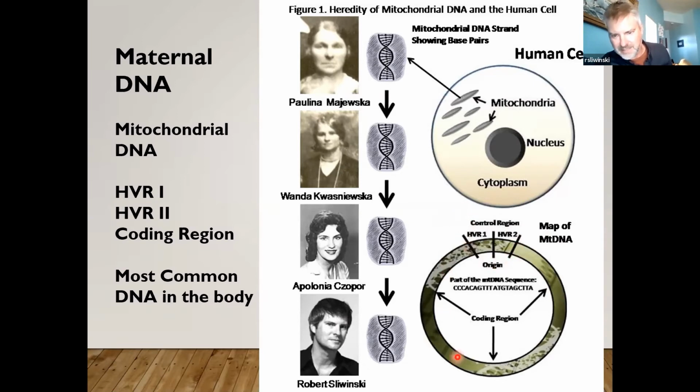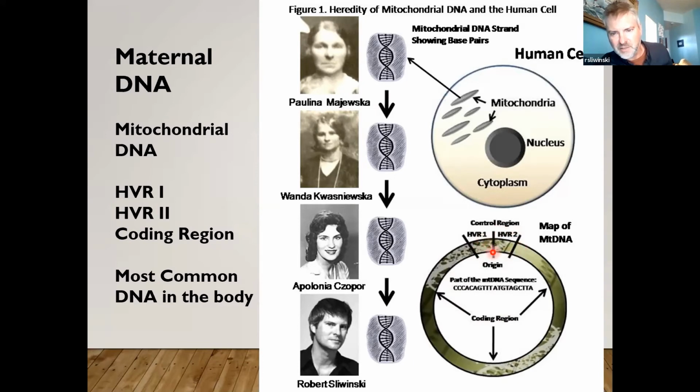Think of this as like a diamond ring with the diamond on the top, the two hypervariable regions as the crown over here. That's for the basic and moderate level test, whereas the full test looks at the entire ring that goes all the way around. And the rest of it is called the coding region.